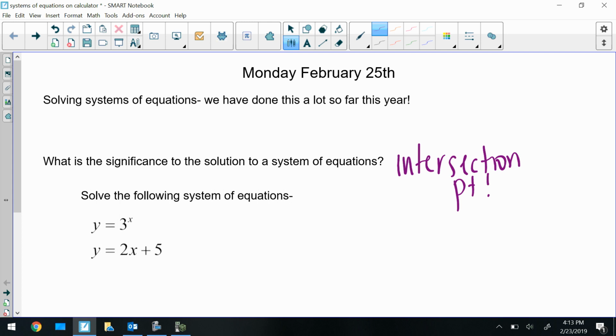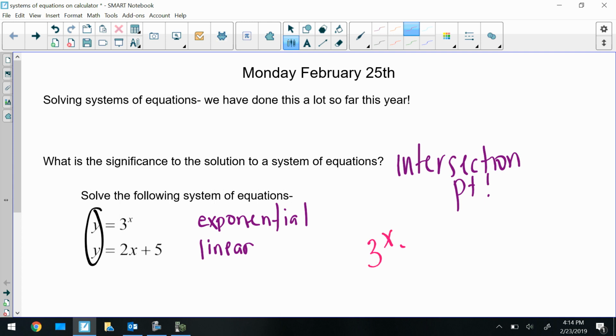If I started off with this system of equations, I have two equations. The first one is an exponential function, and the second one is a linear function. Your gut reaction would be, oh, they're both y equals, so let's set them equal to each other and try to solve.